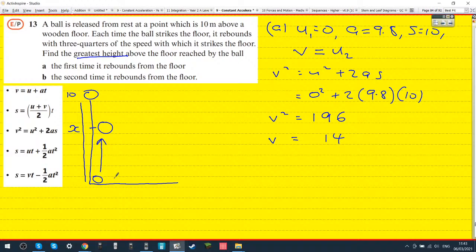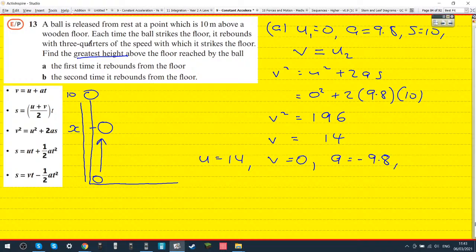Initial velocity is now 14. Final velocity will be 0. T is T. A is minus 9.8.